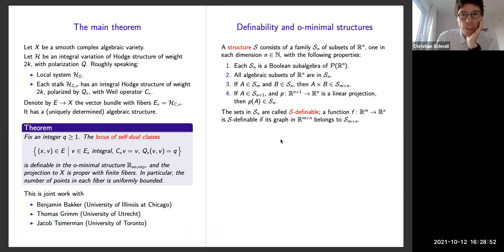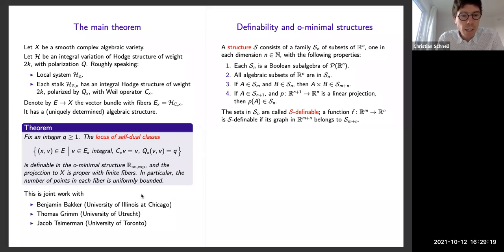So, definability. Again, this is usually the content of some kind of lecture series. I'm not going to give that lecture series now, but I'll give some very quick definitions. If you want to do any reading about this, this business of definability comes from model theory in mathematical logic. People have been using this in algebraic geometry for a couple of years, for example for the André-Oort conjecture and questions related to it.